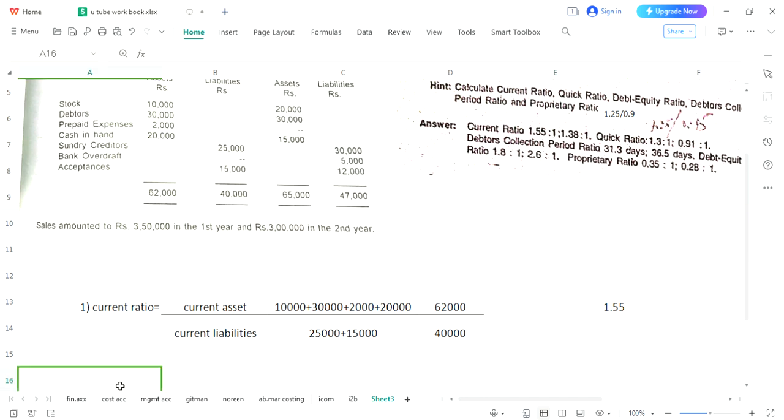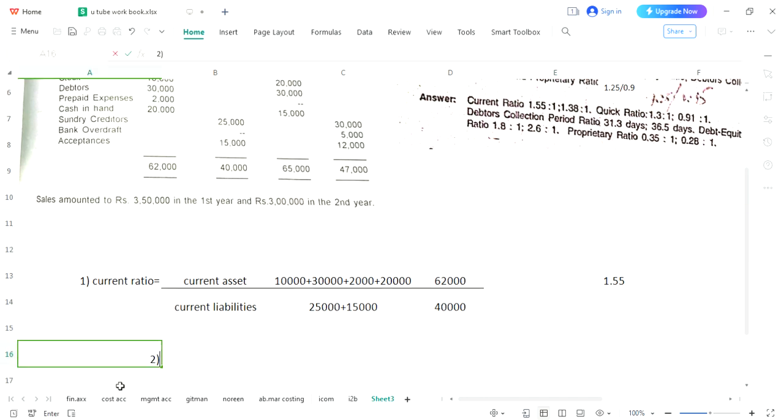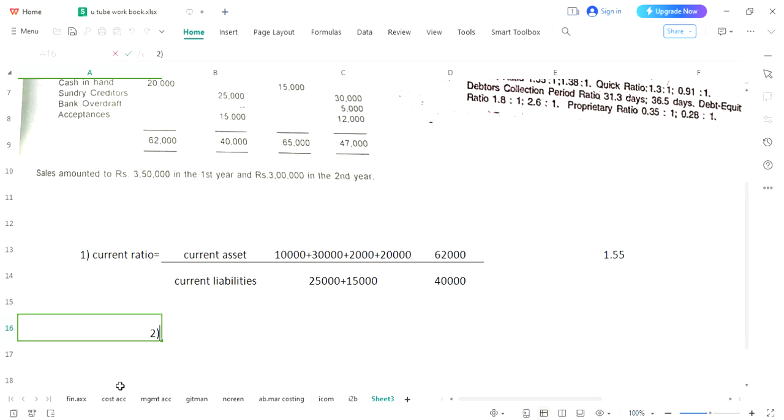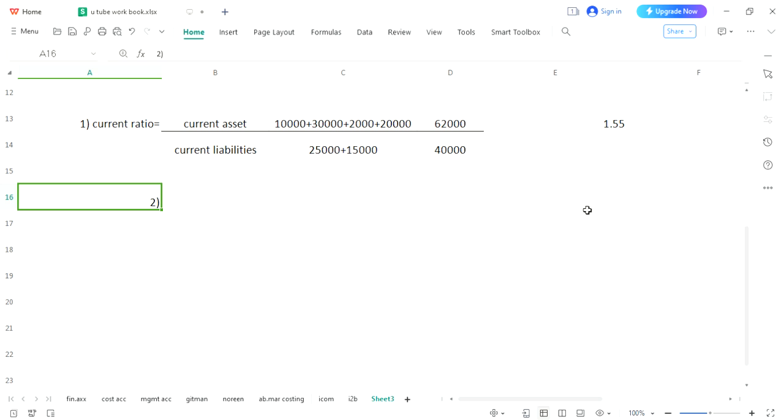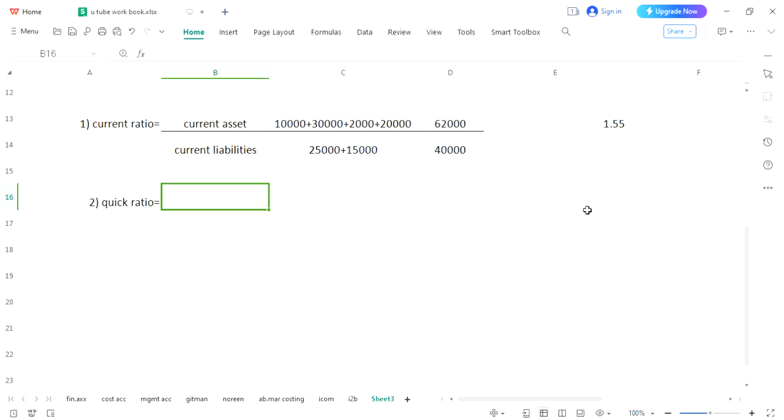The first ratio has been calculated, and the second ratio we are now going to calculate is the quick ratio. Let's write down the heading first, quick ratio, and it would be calculated by an almost similar formula, except that we will change the current assets. Instead of current assets we will write quick assets.